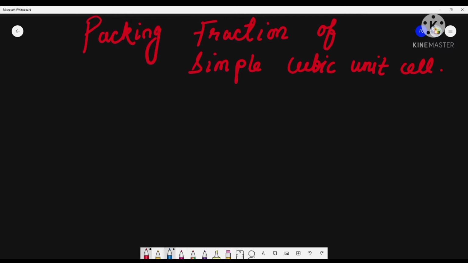First of all, we must know what this packing fraction is, basically.